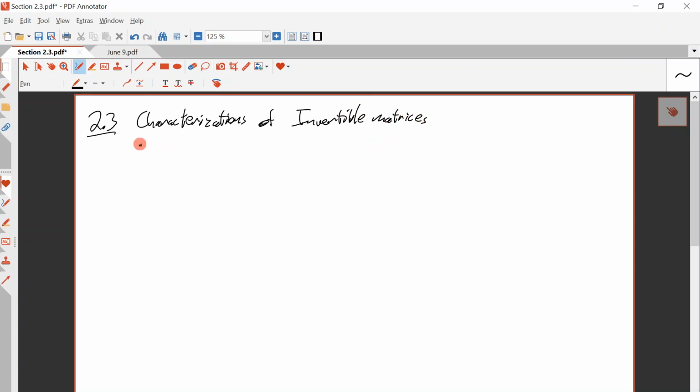In section 2.2, we proved the following.